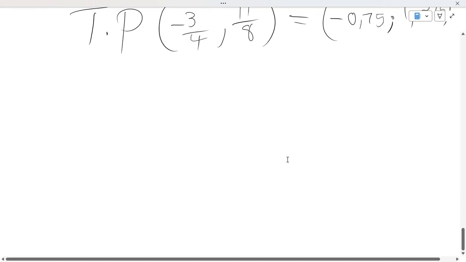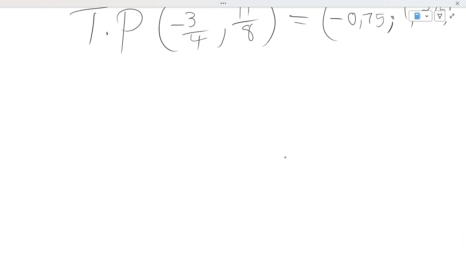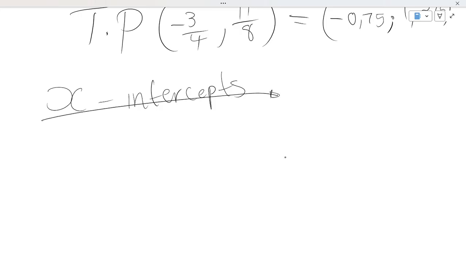So we also have what we call the x-intercepts. The x-intercepts is basically solve for x. That's how we find the x-intercepts.